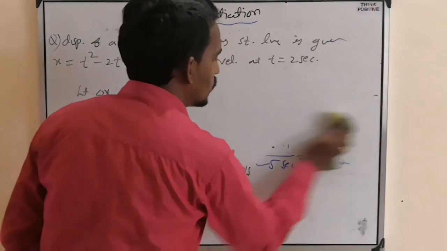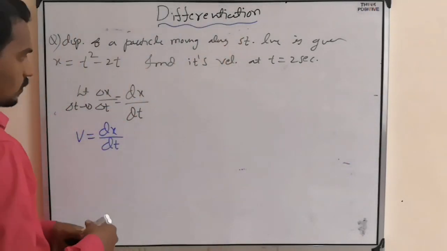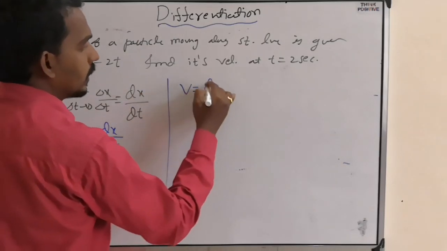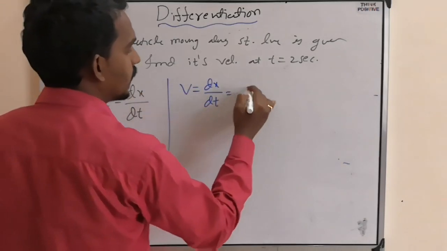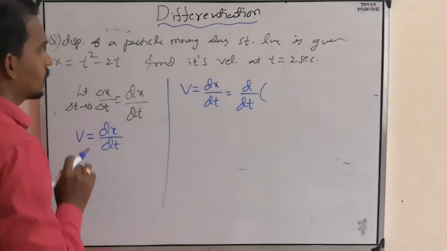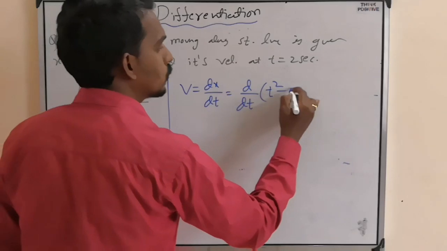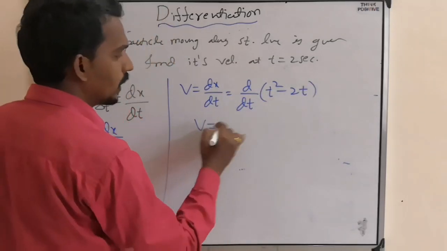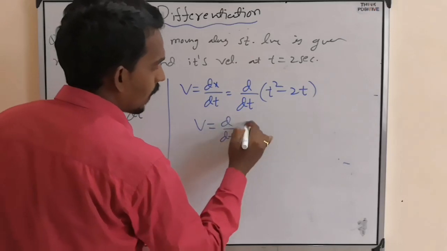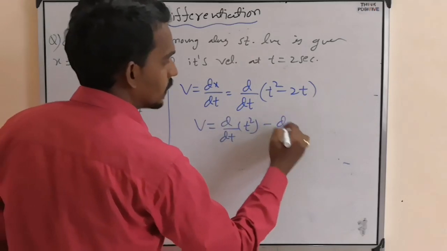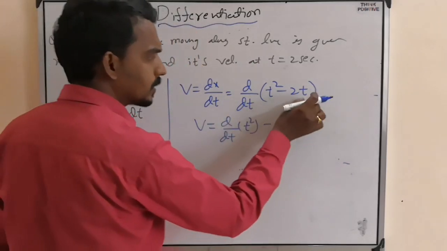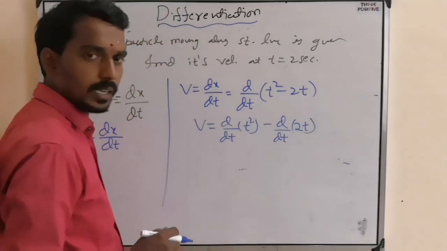So what you can do now, v equal to dx by dt. So d by dt of what is x? They have given t square minus 2t. So v equal to d by dt of t square minus d by dt of 2t. Two terms are there, I have written them separately.